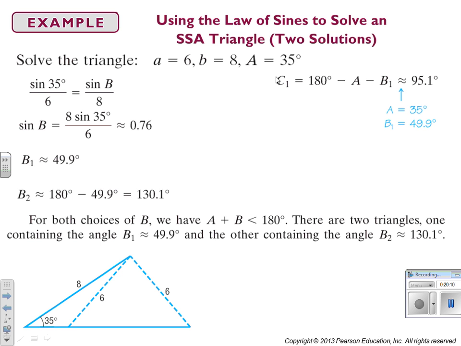So for our first triangle, we're going to find the C value. If we use 49.9 for B1, we go 180 minus B1 minus 35, which gives us 95.1. Then we use sine of 35 over 6, sine of A over a, equals sine of C over our first C side.